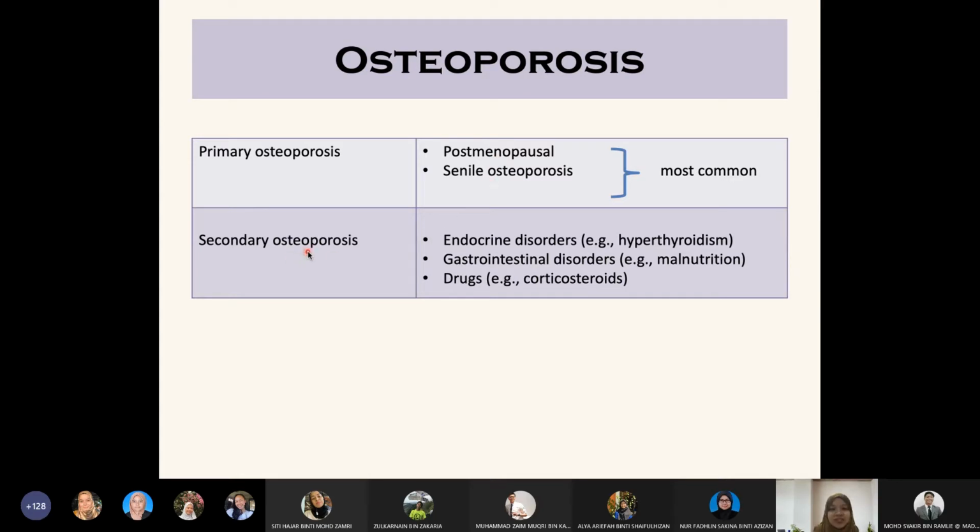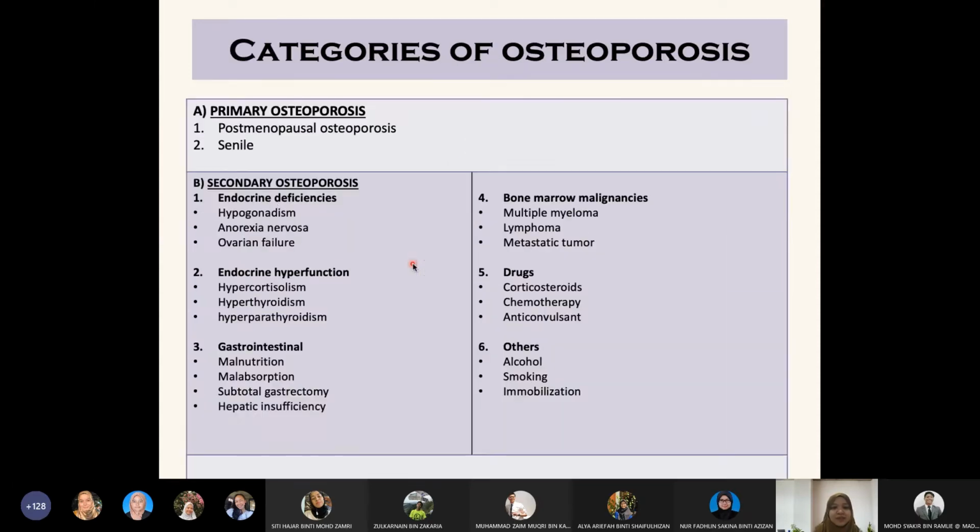Secondary osteoporosis can occur at any age, provided the patient has other underlying pathology, for example, endocrine disorders, gastrointestinal disorders, and taking certain drugs. This I will describe later. Primary is more common than secondary.